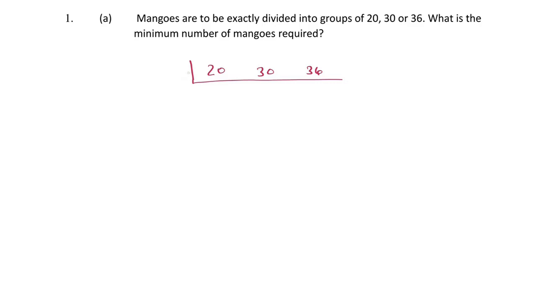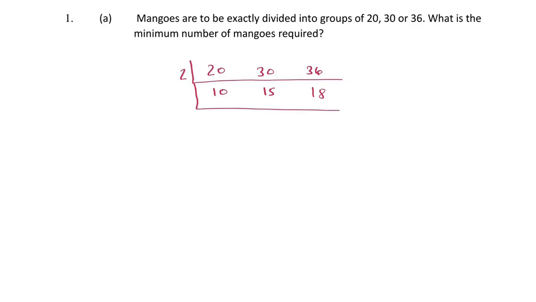So we are going to start with number 2. 20 divided by 2, the answer is going to be 10. 30 divided by 2, the answer is going to be 15. And 36 divided by 2, the answer is going to be 18.